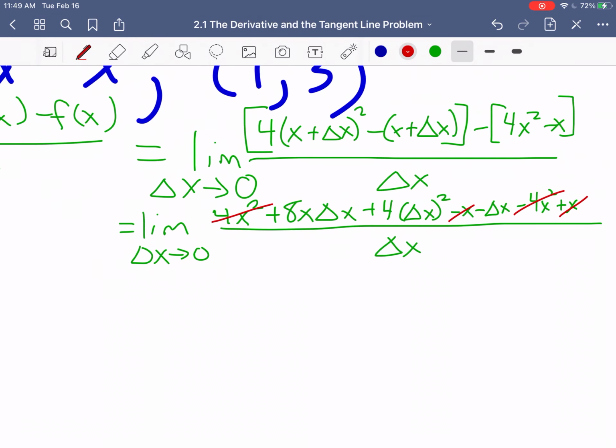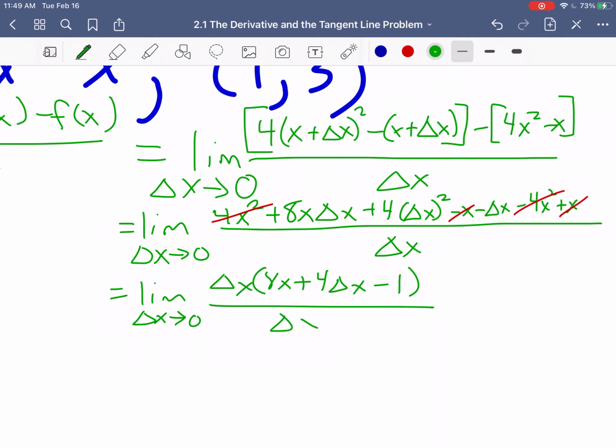And so we get a limit as delta x approaches 0. We'll go ahead and factor out a delta x because everything left has a delta x in it. So we have 8x plus 4 delta x, then minus 1. On the bottom we still have that delta x.